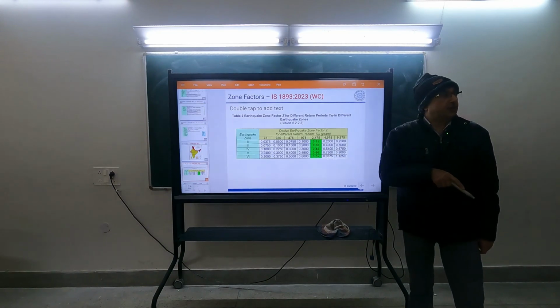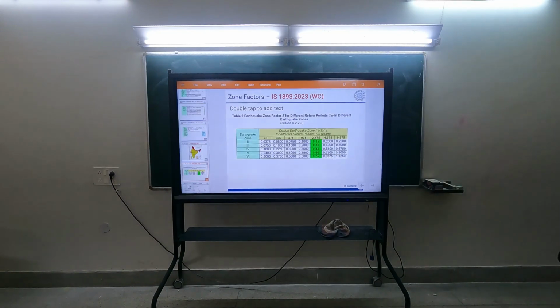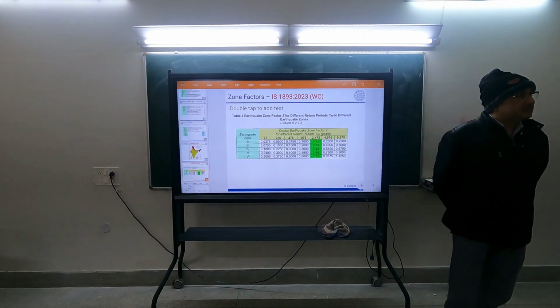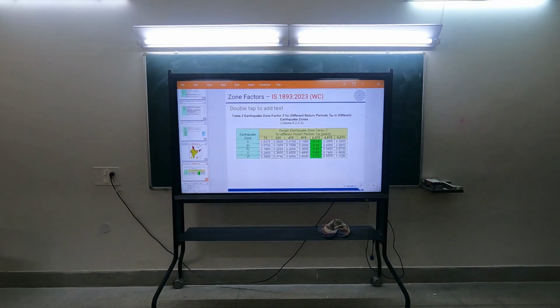In Roorkee, how much is the change? In Roorkee, what is the change in PGA as compared to the existing code and the proposed code? Currently, Roorkee is in which zone? Roorkee is in zone 4.